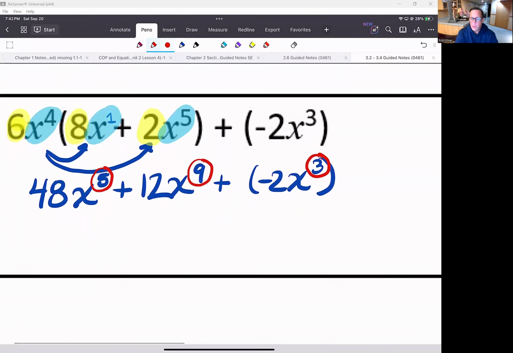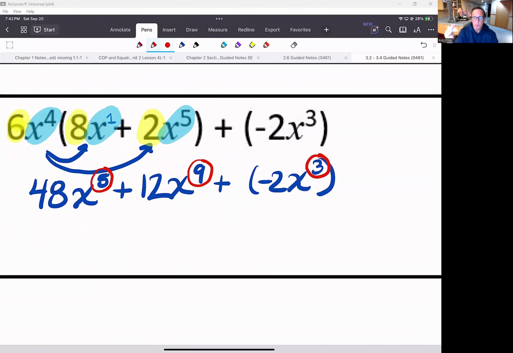And a lot of times when you're dealing with polynomial expressions, you want to put the polynomial in descending order, all right? Which means you start with the highest power. The first term should have the highest degree or power or exponent, and the next one should be the next highest power. The next one should be the next, and you keep dwindling down to where it's the lowest. Perhaps it's even just a constant, all right?